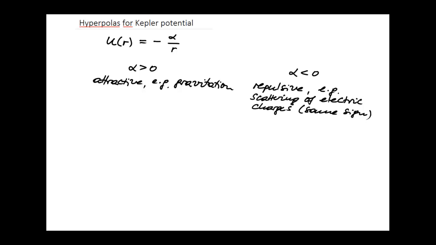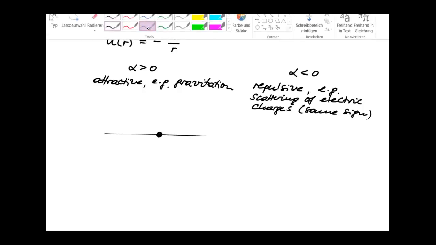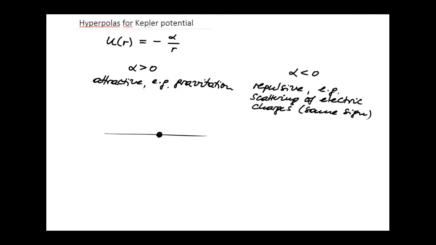For unbounded motion, and that's what we have in a scattering experiment, the geometric shape of the orbit is a hyperbola. Now, if you think of this black dot as the center of the potential, then in the attractive case, the hyperbola will approximately look like that.